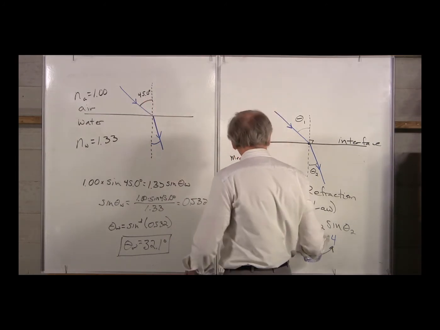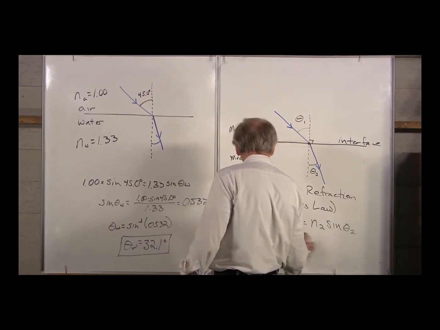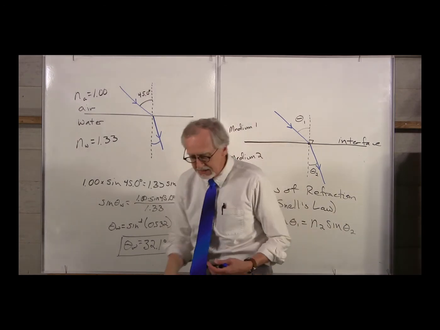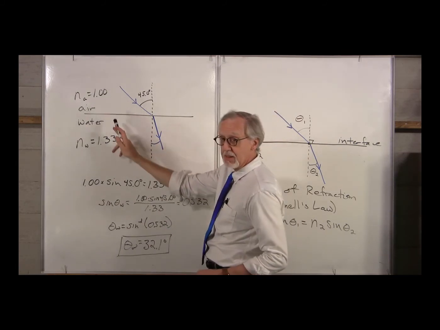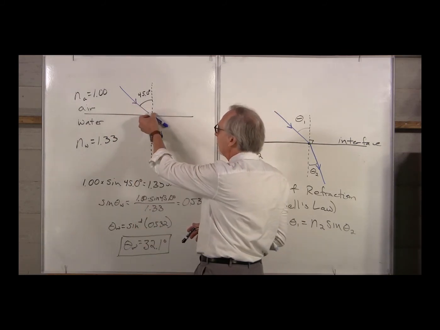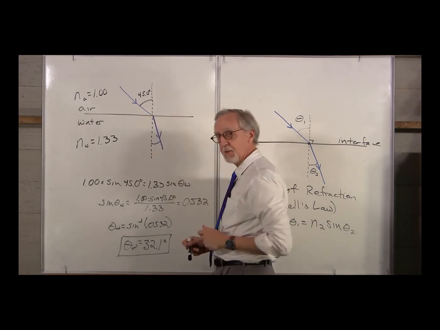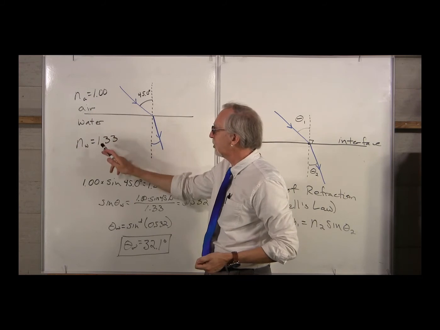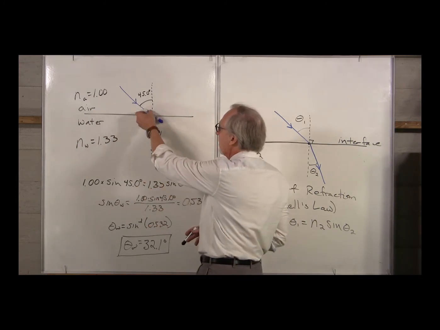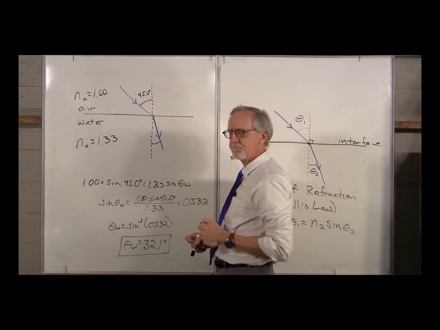Well, what does this tell us in general? In general, this means if we go from a smaller index to a larger index, the ray gets bent toward the perpendicular, toward the normal line.